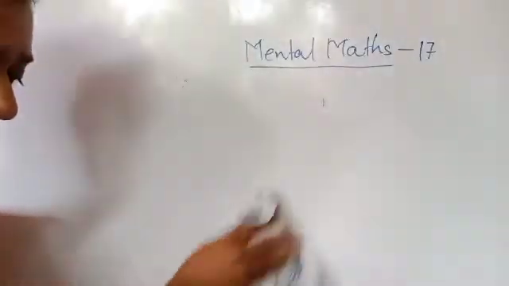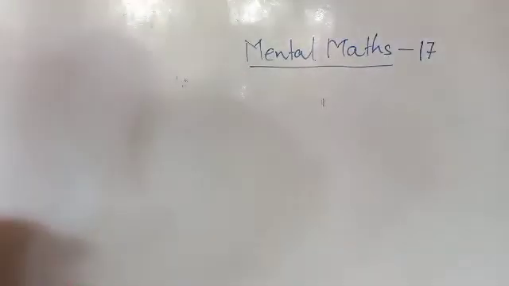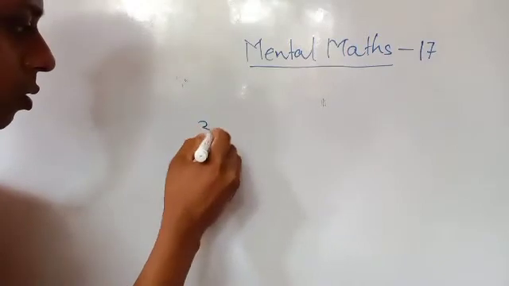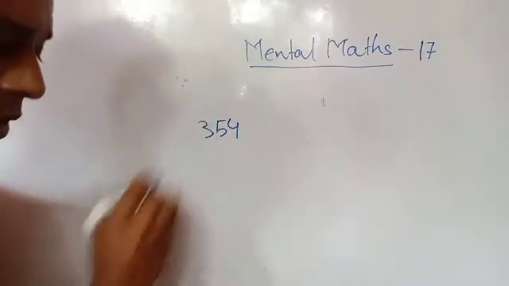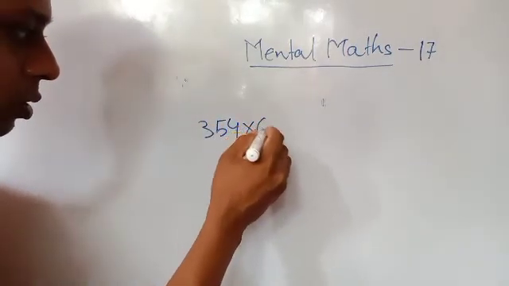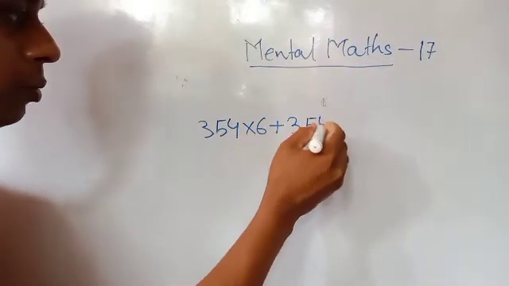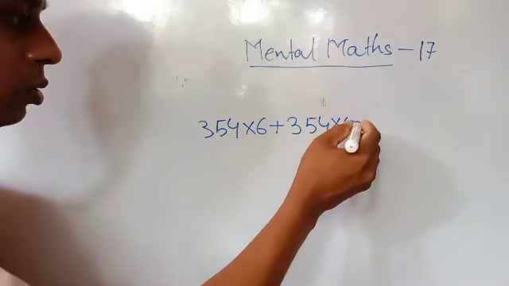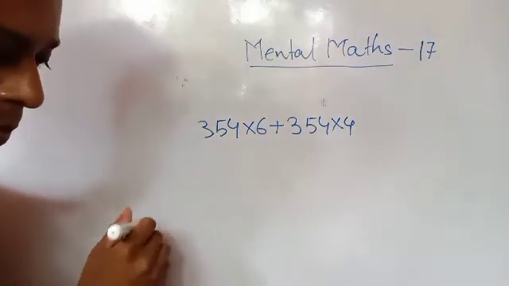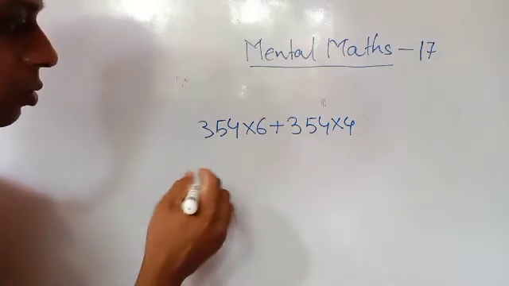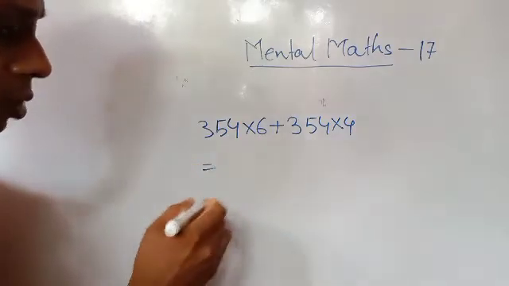Now another type of sum I will show you. 354 into 6 plus 354 into 4, equal to.